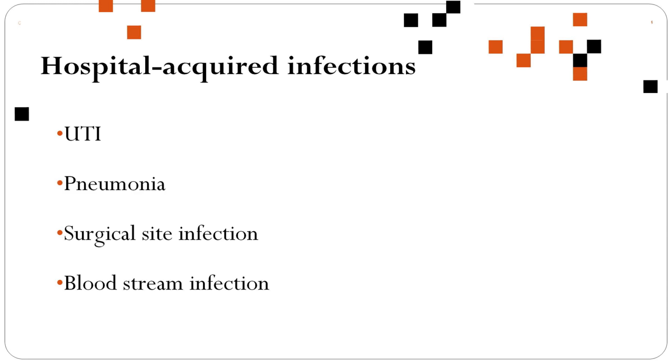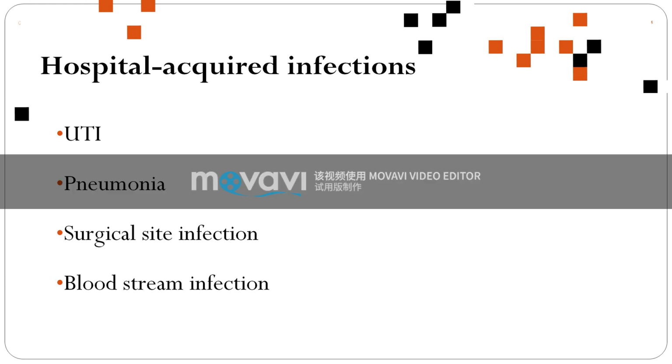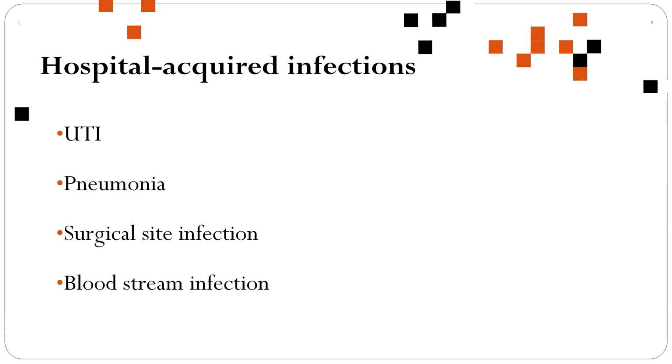In 2015, over 17,000 cases of hospital-acquired pneumonia were diagnosed in Australian public hospitals. Infection of surgical sites happens in about 3% of surgical procedures. In 2015, over 5,000 patients experienced hospital-acquired surgical site infection.